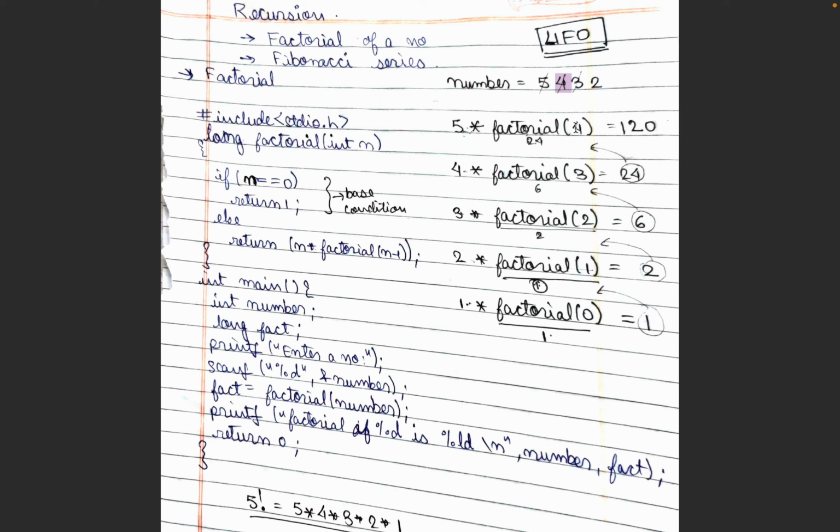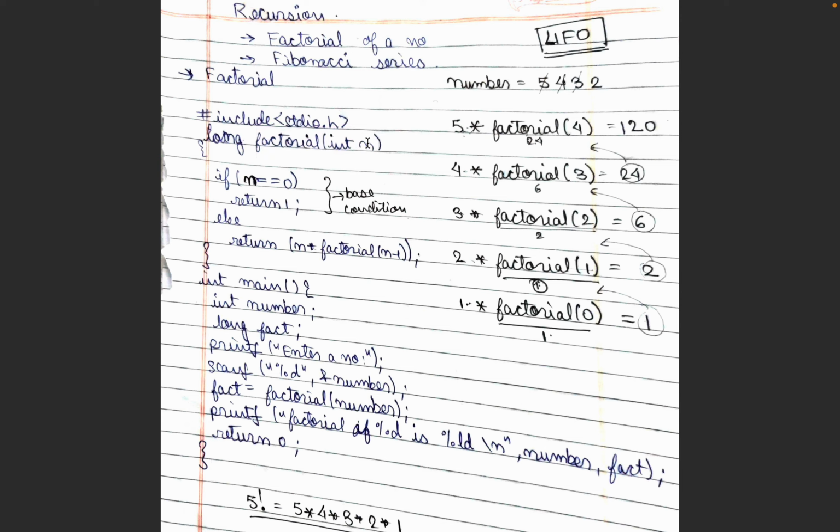Now let's leave this 24 and 120 that I have written. Once we reach the bottom, then we will start coming back. First, let's go through how it is being called. Then again we got factorial of 4, so it will go to this same function with the value 4.